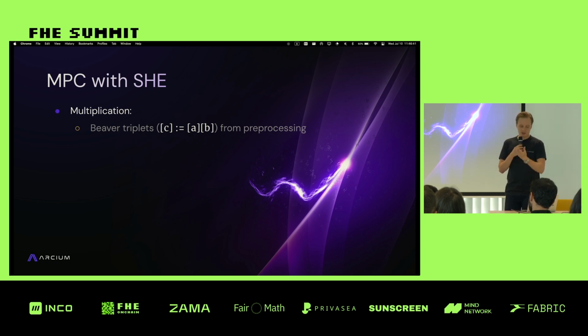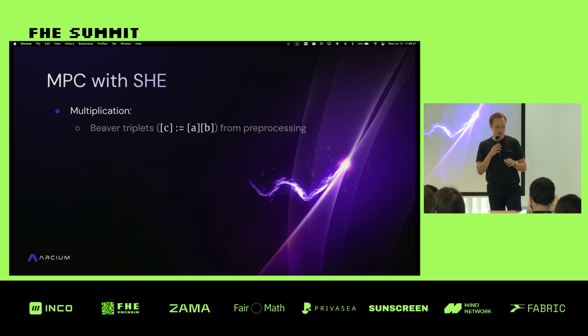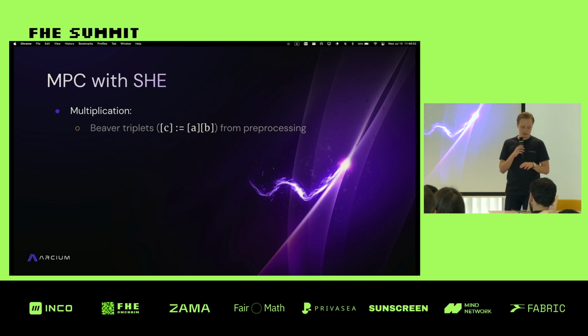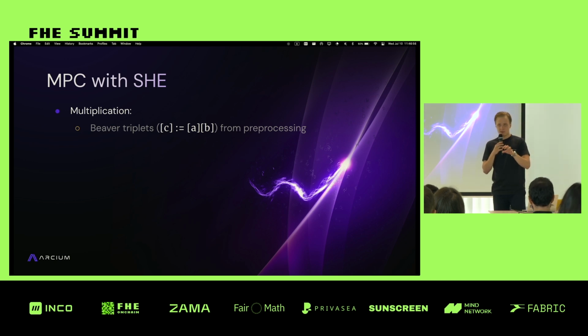And this data is generated in the pre-processing, which can either be done completely trustless or with a so-called trusted dealer. We won't focus on that at this point in time. We can just imagine that we have this correlated randomness available, and one Beaver triplet for every single multiplication that has been generated in the past.